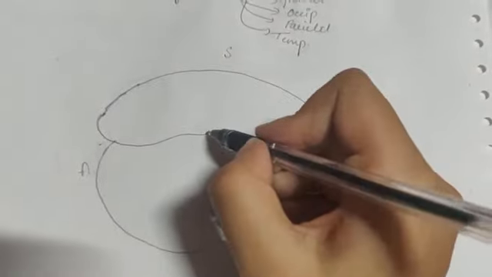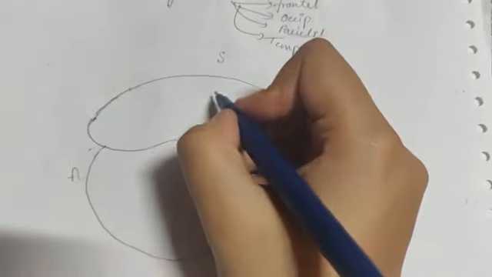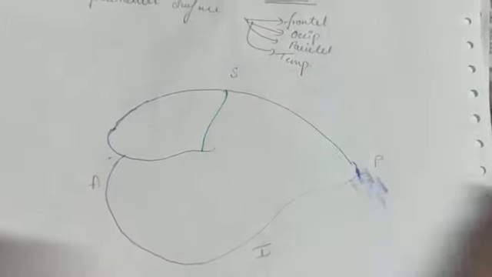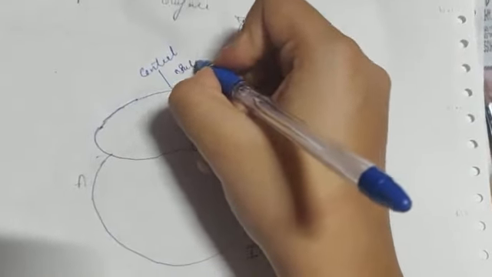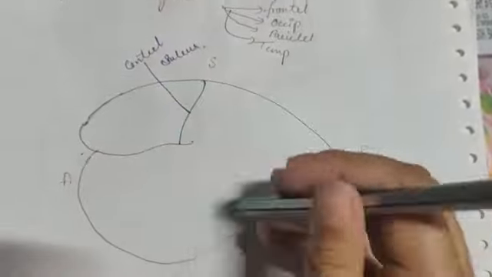Okay, so now I'll be dividing this. This is the central sulcus, and we have to divide all the other lobes also.